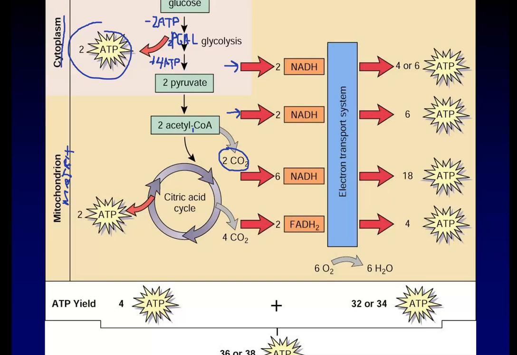So with the citric acid cycle, remember we said that they would join with a 4-carbon molecule called oxaloacetate, because remember the acetyl-CoA is a 2-carbon molecule. And it's going to join with this 4-carbon molecule called oxaloacetate.